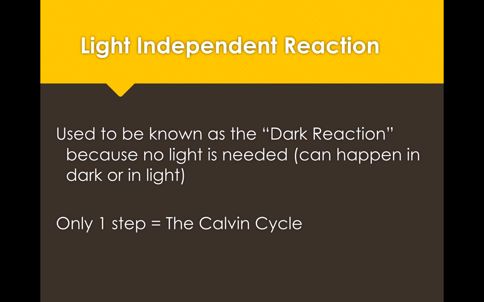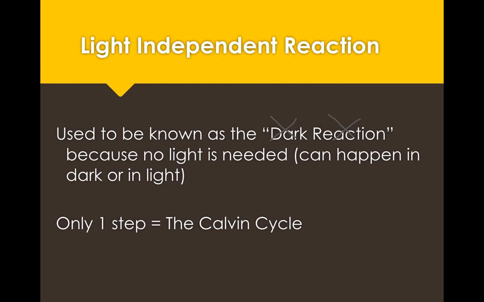So light-independent reactions used to be known as dark reactions. We don't call them those anymore because while no light is needed, it can happen in dark or in light. They used to be called dark reactions because they can happen in the dark, but it's a little deceiving to call them dark reactions because they can also happen in the presence of light.